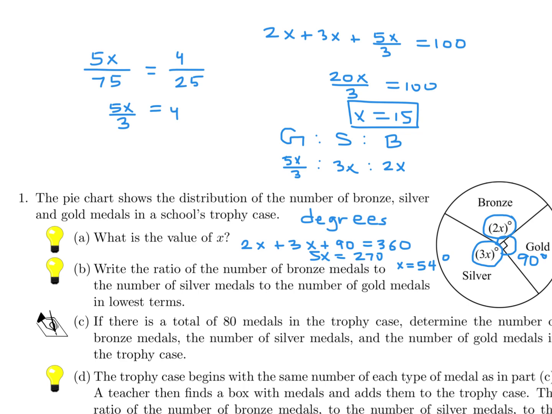Well, we can substitute it in first. So this will be 25, this will be 45, and this will be 30, I believe, right? Okay, but we want to get it in lowest terms, so I think I can divide through by 5, and when I do, I get 5, 9, and 6. So that is the ratio of gold to silver to bronze. Okay, good.